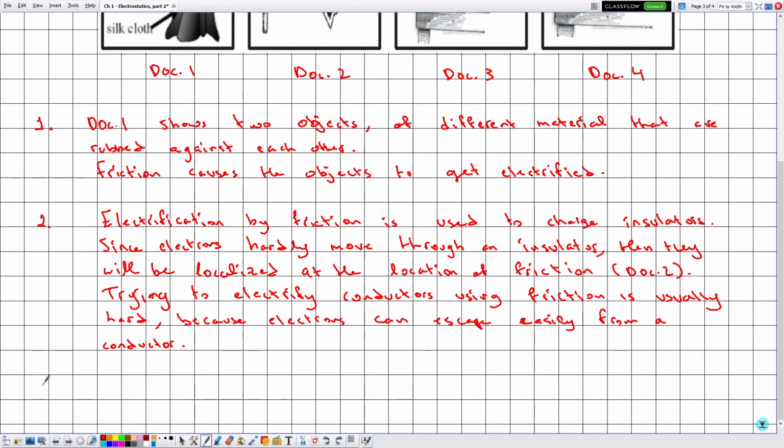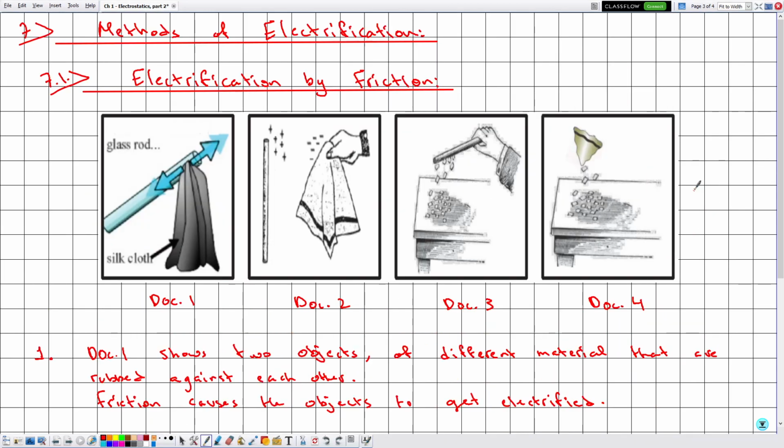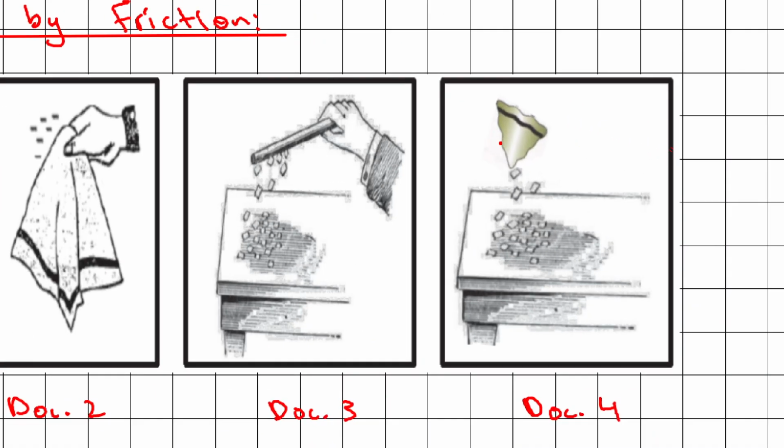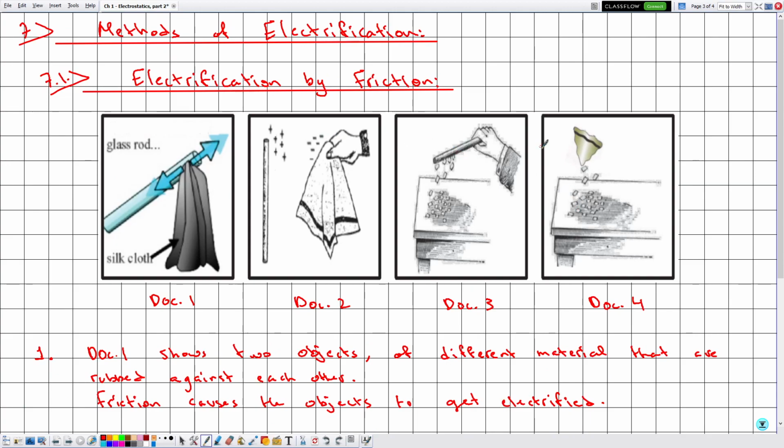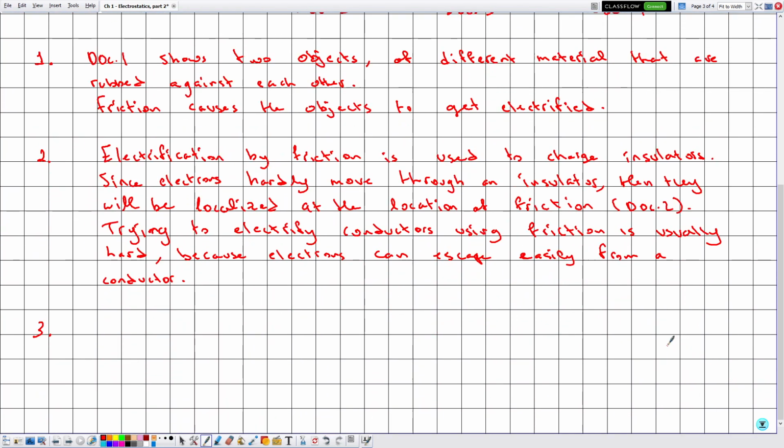Then let me write idea number 3, and this also happens for the silky cloth. So notice that here also the silky cloth is used to attract these small pieces of paper. Now whether it's positive or negative, both of them are gonna attract the pieces of paper, since the pieces of paper are supposed to be neutral.